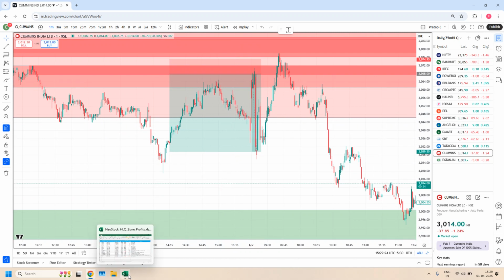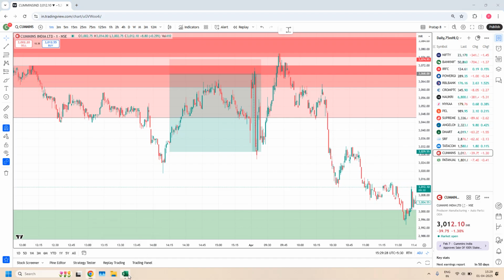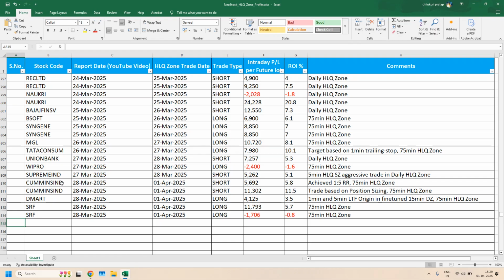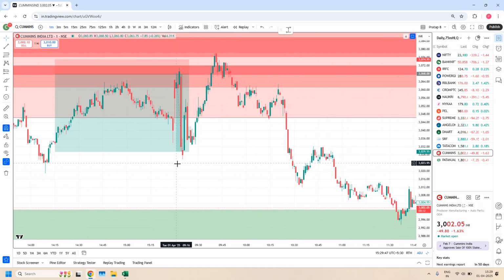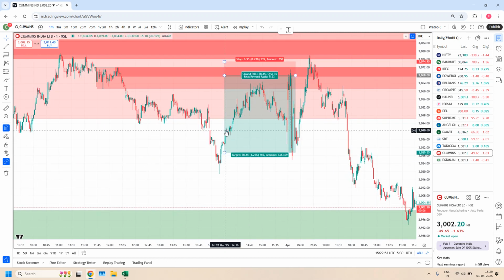But where you exited depends on how you are planning your trade. But this is the maximum opportunity it has given. The first trade in Cummins has given you 5,692 rupees profit, which is 5.8% ROI as per one futures margin cost. So very good ROI. Close to 6% it reached already. Actually, if you calculate it till the bottom, because we calculated up to 1:5.